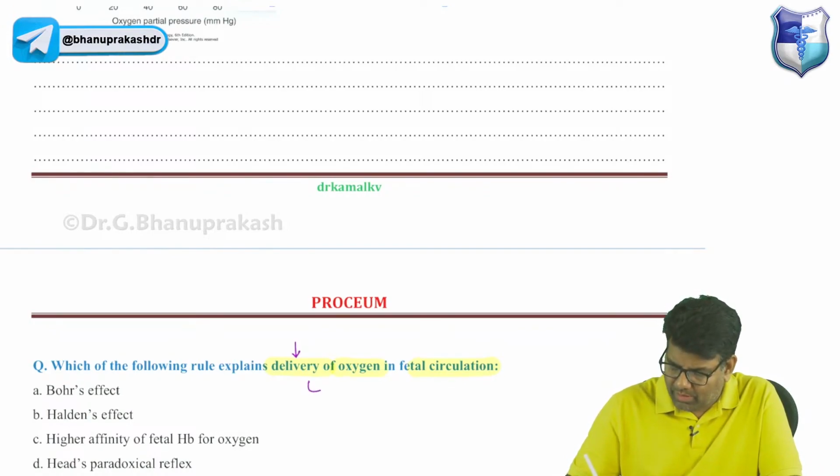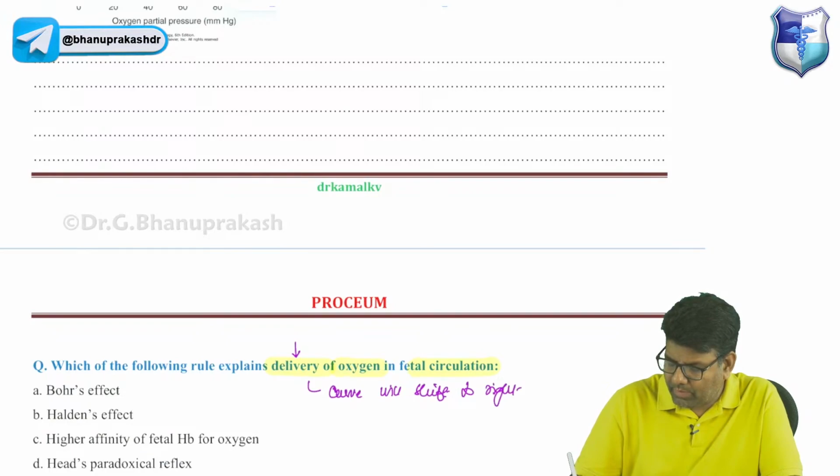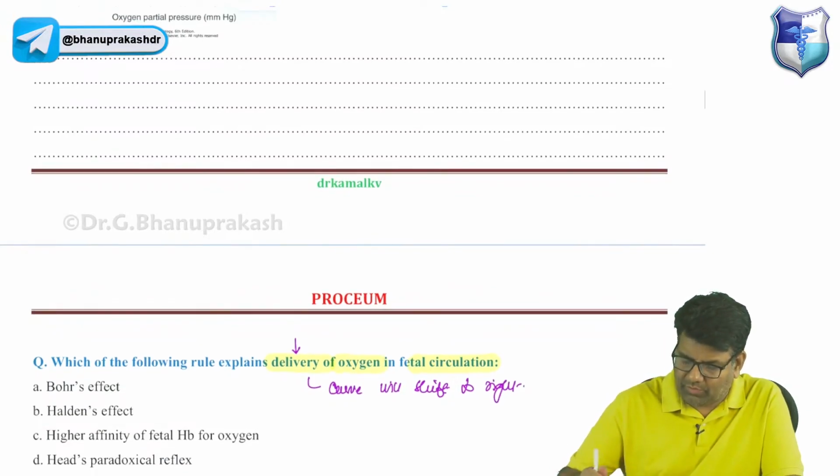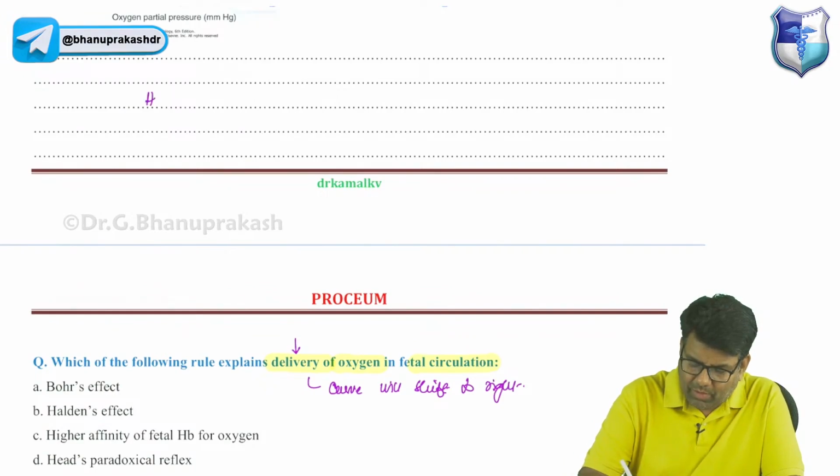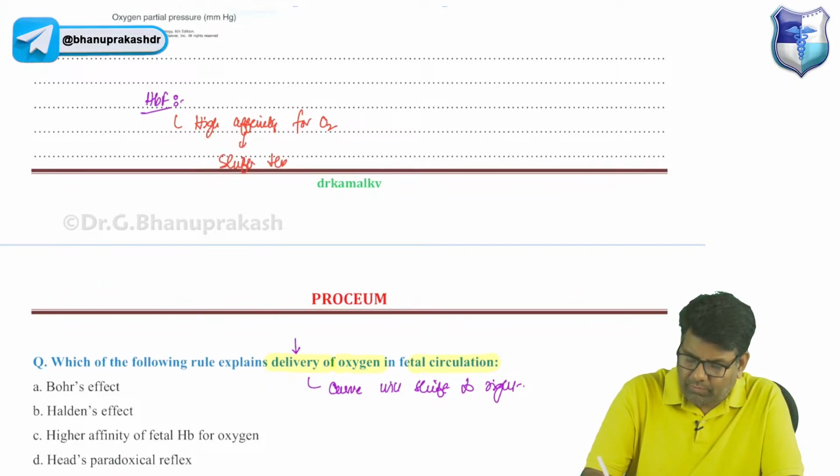Means the curve will shift. So this is the shift of curve, and related to HbF, it has high affinity, of course, high affinity for oxygen, and it will shift the curve to left.